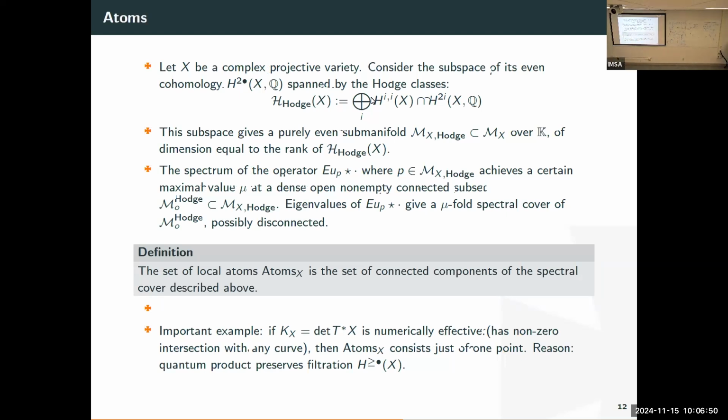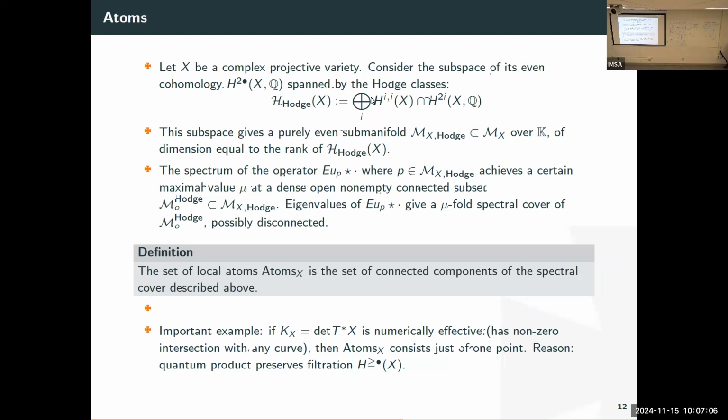And that was an essential part of overcoming issues related to existence of phantoms.